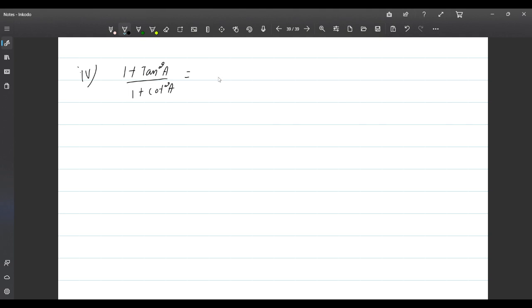So 1 plus tan square A is equal to sec square A, and 1 plus cot square A is equal to cosecant square A, and sec is equal to 1 upon cos. So this is equal to 1 upon cos square A, and cosecant is equal to 1 upon sin square A. So this is equal to sin square A upon cos square A, which is equal to tan square A.